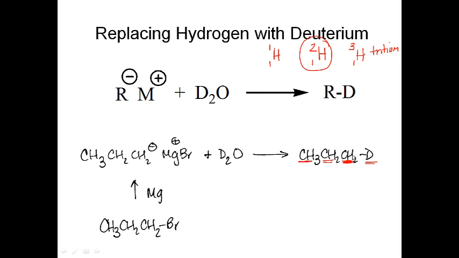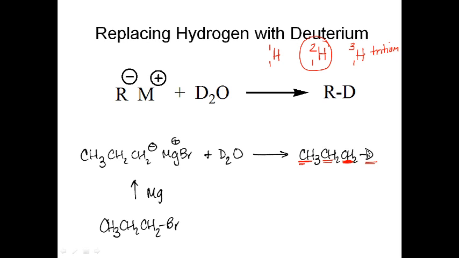But they basically have the same steric hindrance because the deuterium is the same size as a hydrogen. Now, that's not to say that deuterium doesn't affect the reaction, but that's beyond the scope of this course.